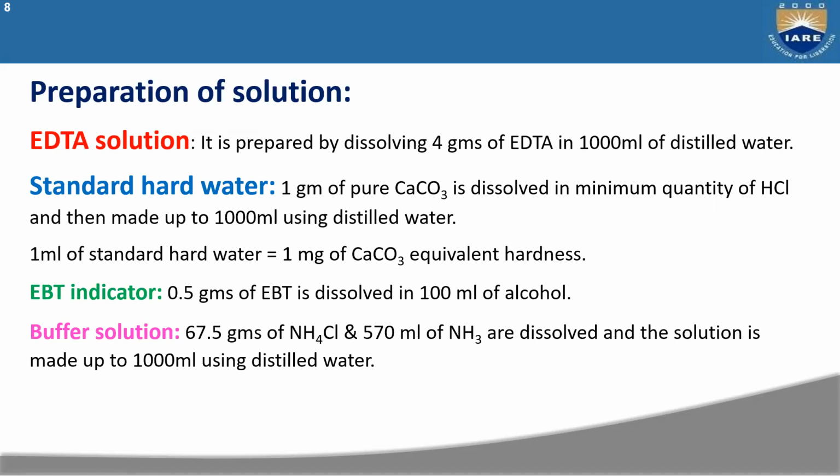That hard water contains 1 gram of calcium carbonate. What is the molecular weight of calcium carbonate? 100. Okay. So 1 gram of pure calcium carbonate is dissolved in a minimum quantity of HCl and then made up to 1000 ml using distilled water.